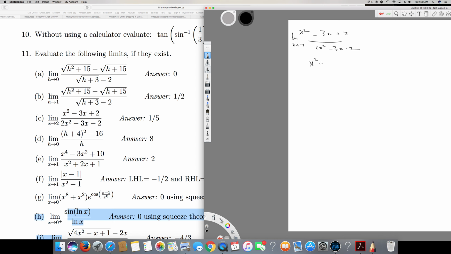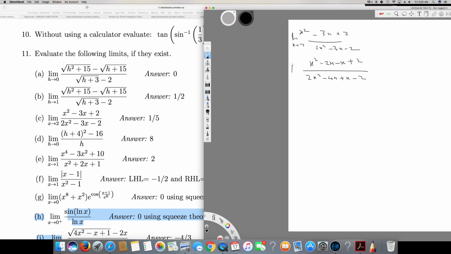So it's going to be x square minus 2x minus x plus 2 over, in the bottom if I factor this one, 2 times negative 2 is going to be negative 4. So in order to get that I can simply multiply by negative 4 plus 1. So 2x square minus 4x plus x minus 2.